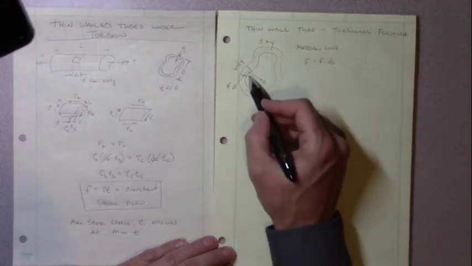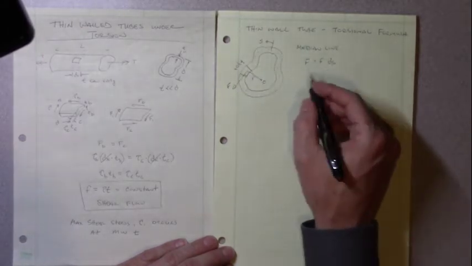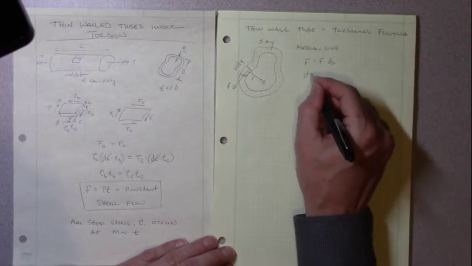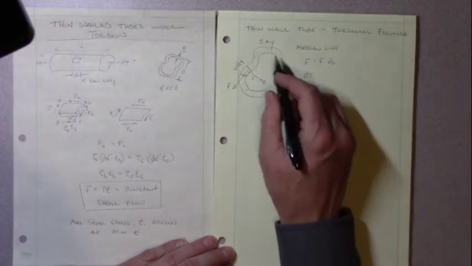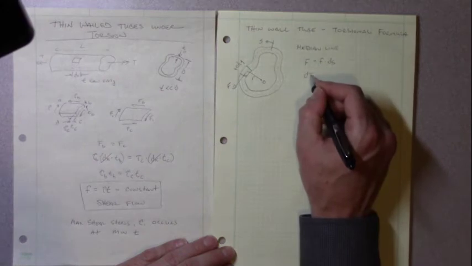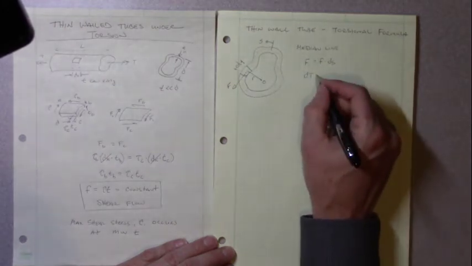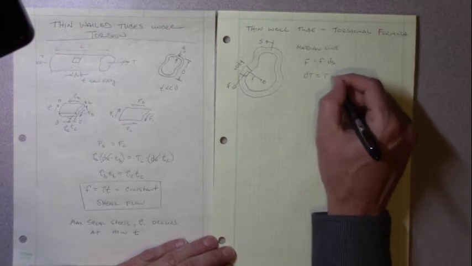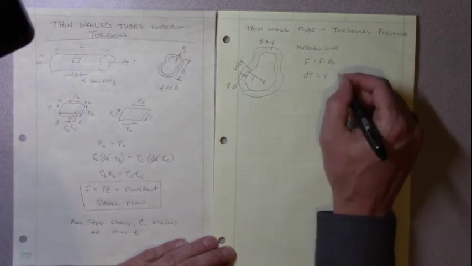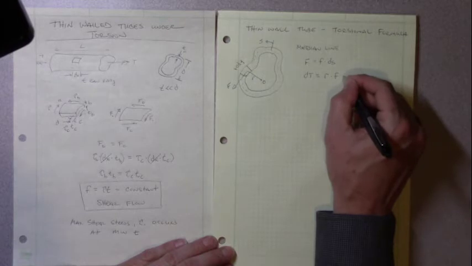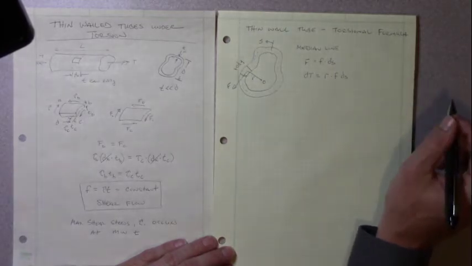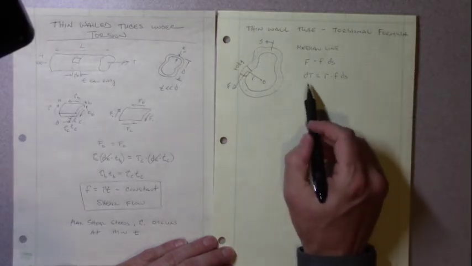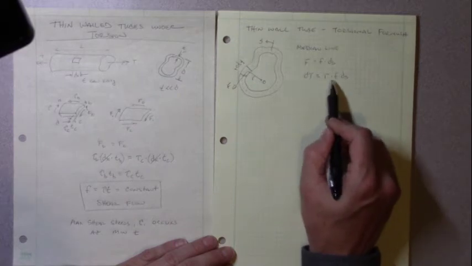Now, the torque that's created by that we're going to call dT. That's just a part of the whole cross section. So the torque generated by that section ds is equal to our radius, that's our distance, times our force, which is q times ds. So now we have our incremental torque equation.